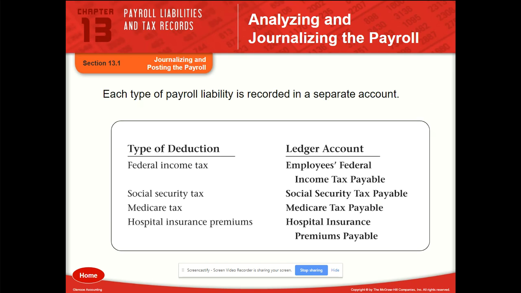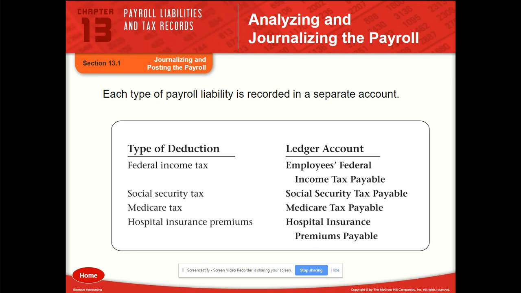Each type of payroll liability is recorded in a separate account, so a type of deduction. If you have a federal income tax, you're going to put that into the employee's federal income tax payable.